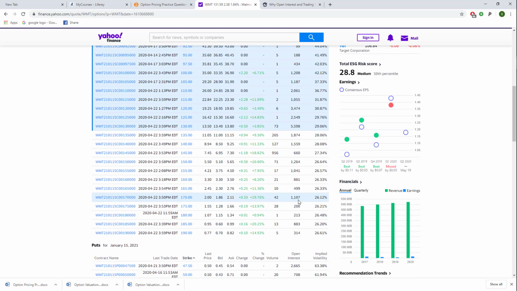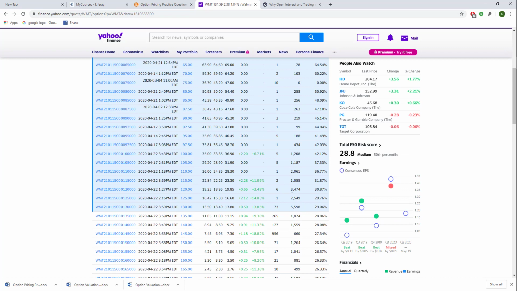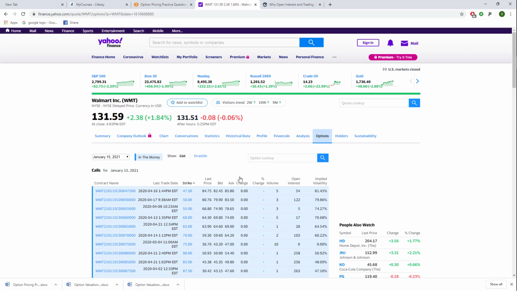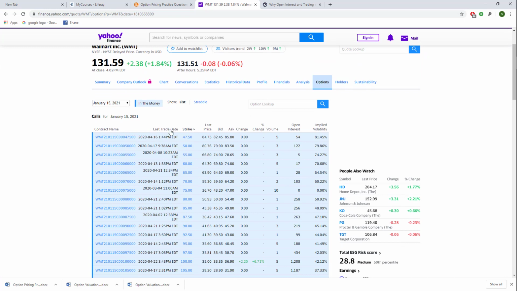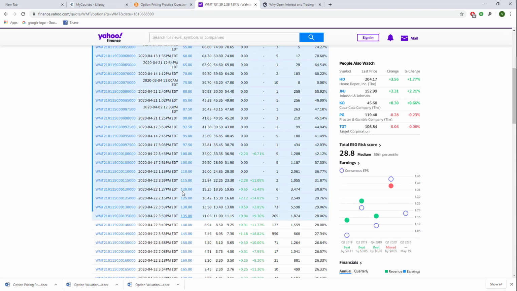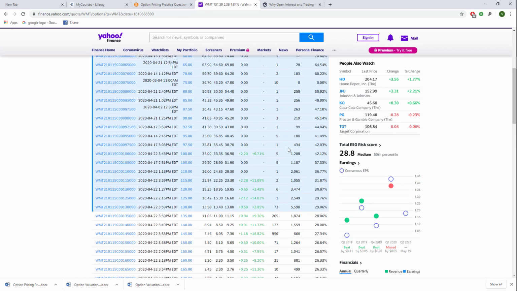And so you can really see here where there's a lot of open interest. The idea is that that's a strike price at which a lot of people might expect some activity to happen.